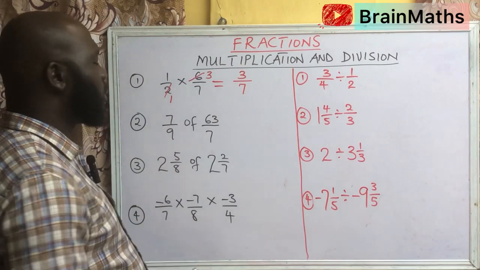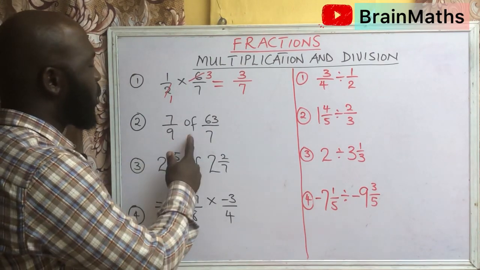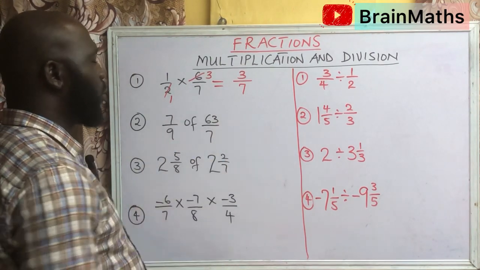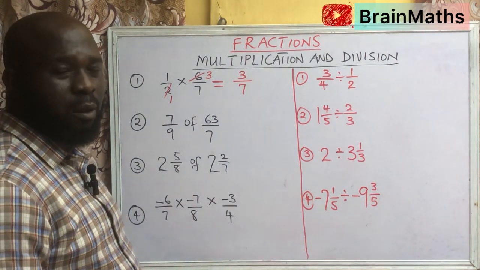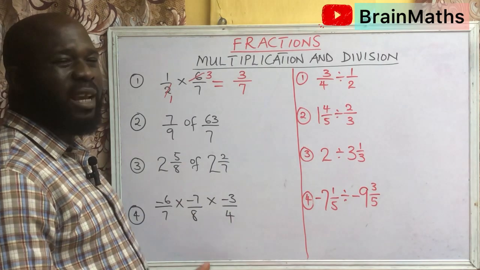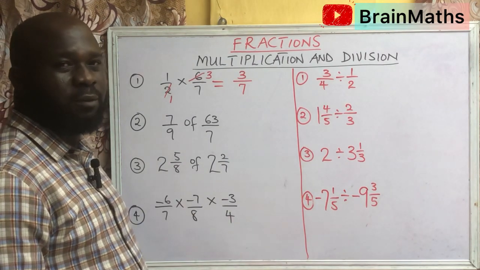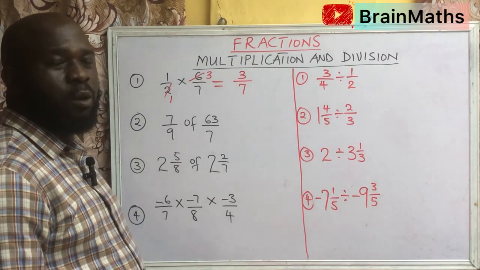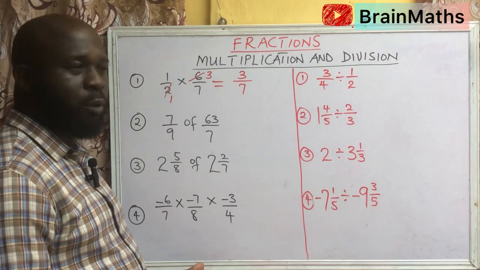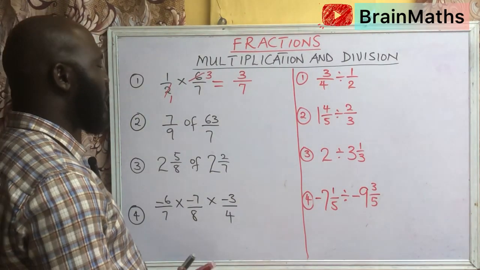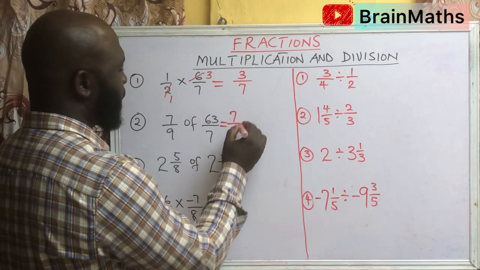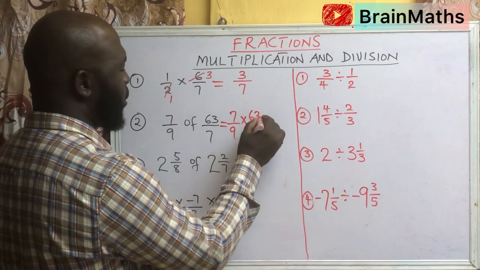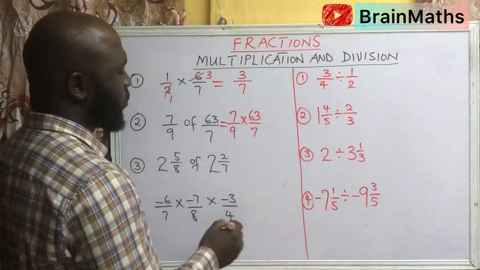Then the second one says 7 over 9 of 63 over 7. Anywhere we see "of" in multiplication or any question in mathematics, it is referring to products or multiplication. So we have 7 over 9 times 63 over 7.